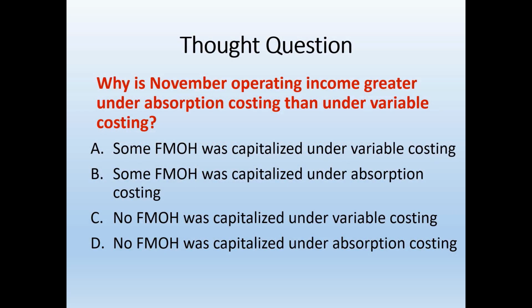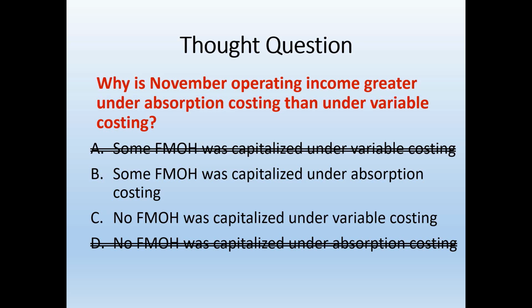So, why is November operating income greater under absorption costing than under variable costing? Well, it can't be answer A, because fixed overhead is never capitalized under variable costing.